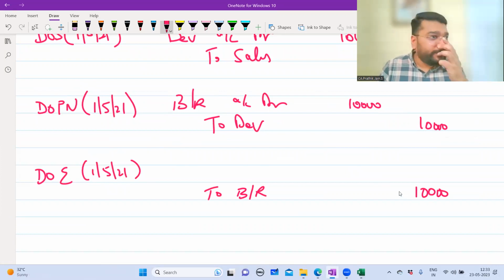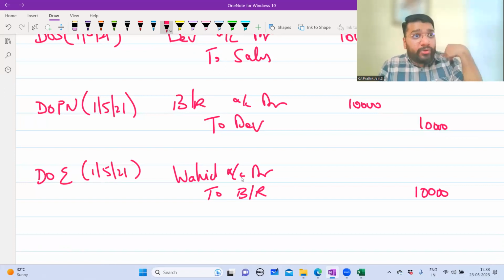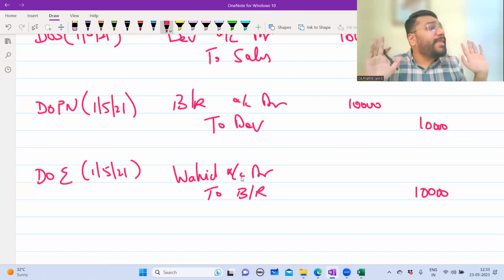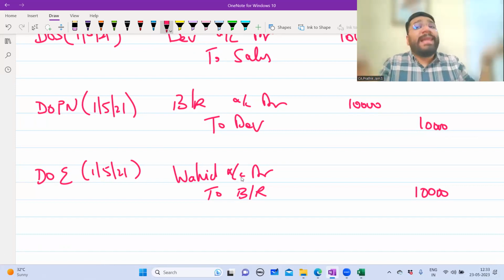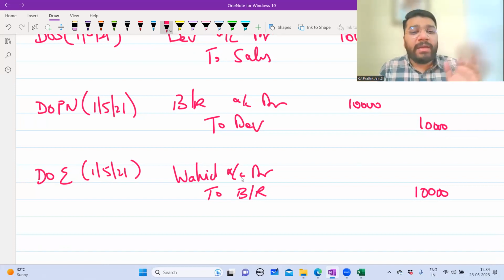What will be in debit? Debit the receiver. Why is he receiving the bill? So Wahid account debit. In my books for Krishan, Wahid is creditor. When I'm making the payment to him, my creditor's account is becoming zero. My liability is becoming zero. To make a liability zero, I need to put the creditor in debit. That's why Wahid is in debit. Now clear? Wahid account debit to bills receivable.